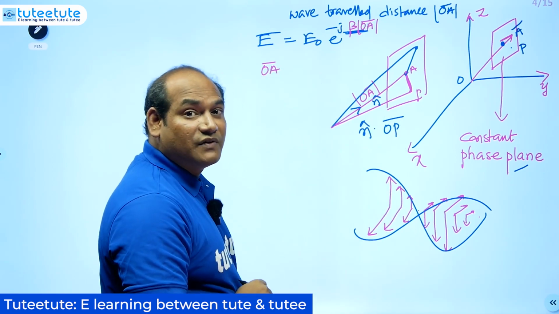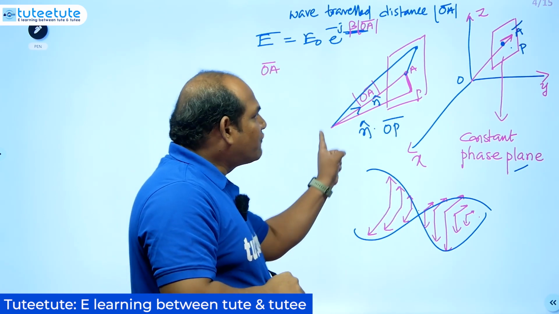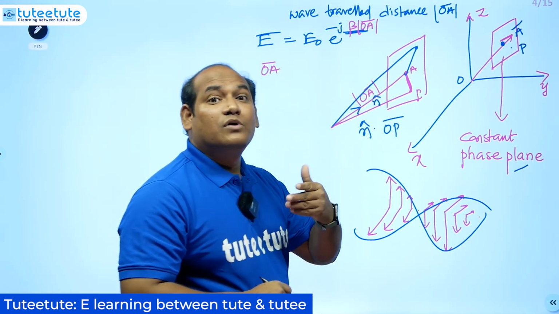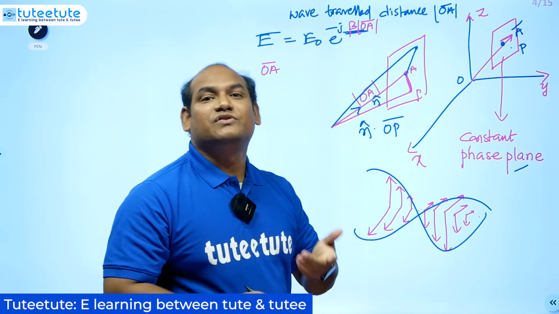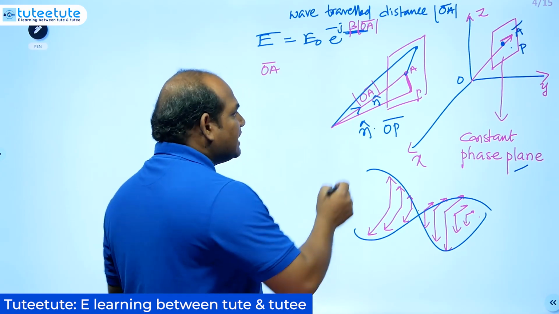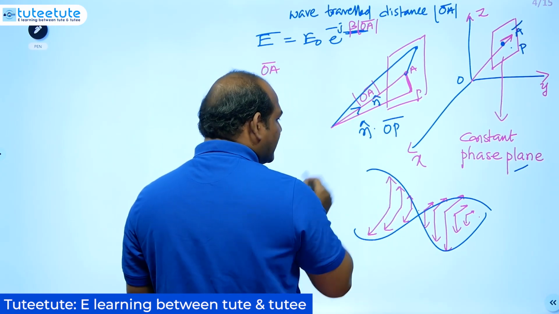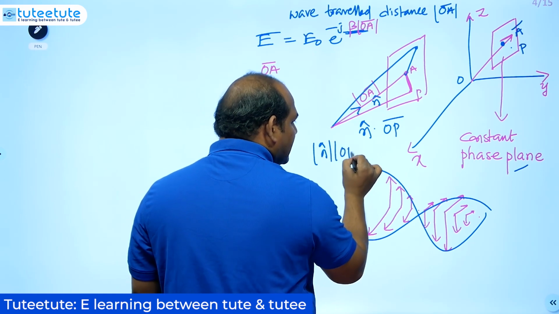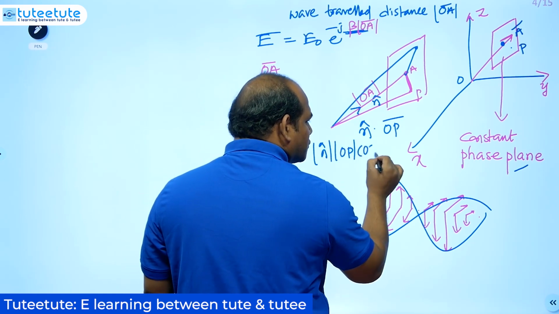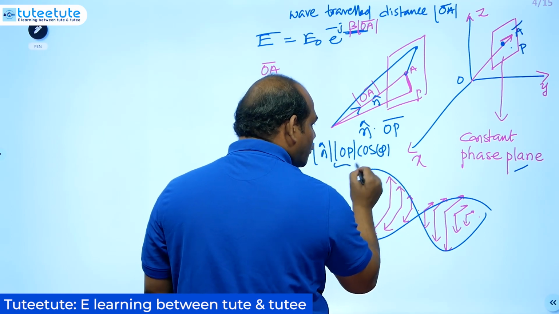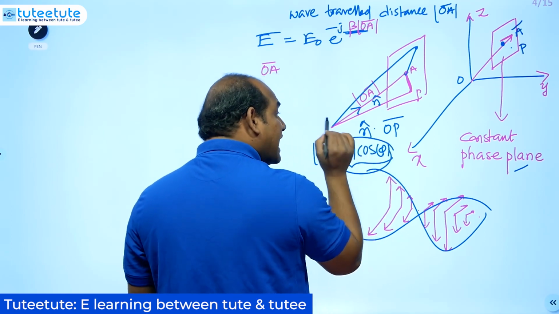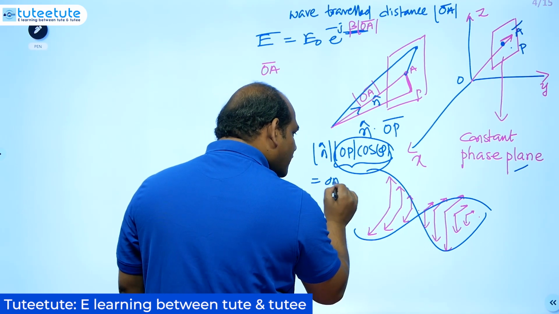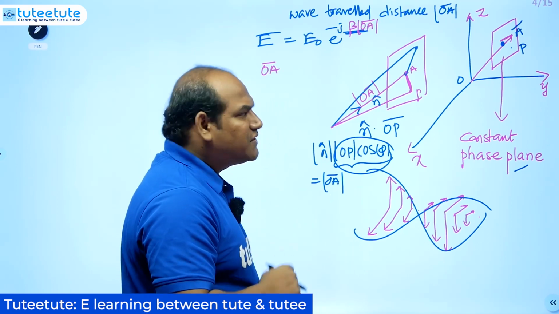Using the dot product, we get the projection only, the projection of OP on this N cap direction. See here, N cap dot OP, if you take, the magnitude of N cap is 1, times the magnitude of OP and the cos function. OP with the cos function means it is a projection only, and this must be equal to OA only. That is what we are telling.